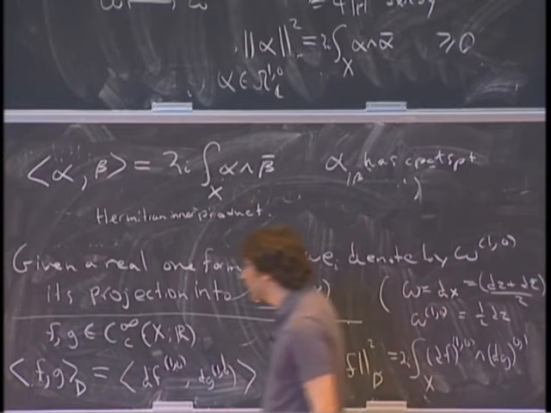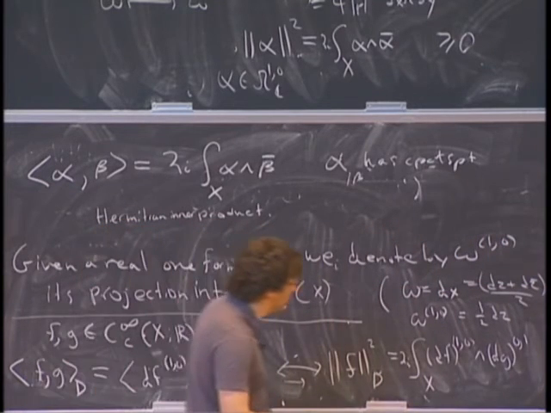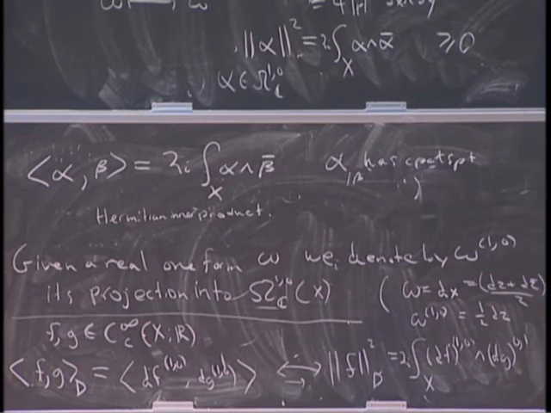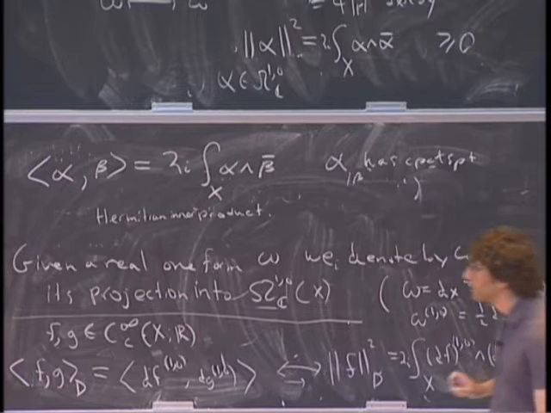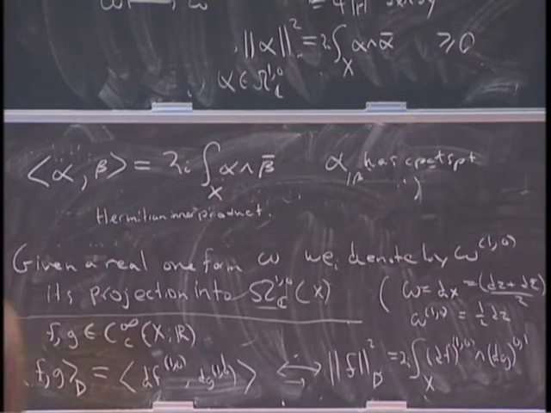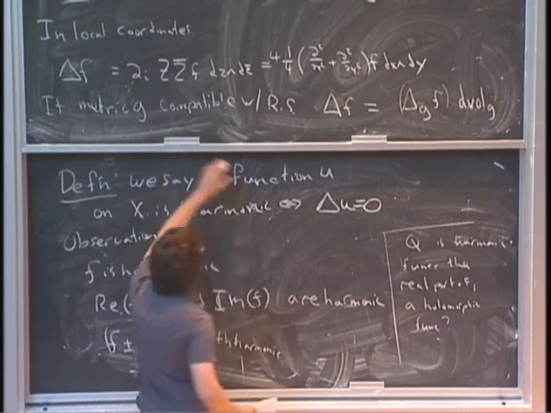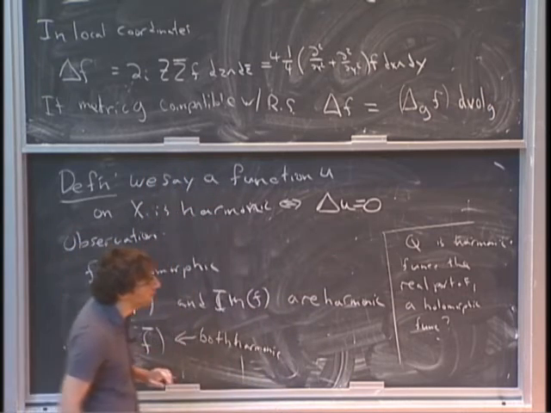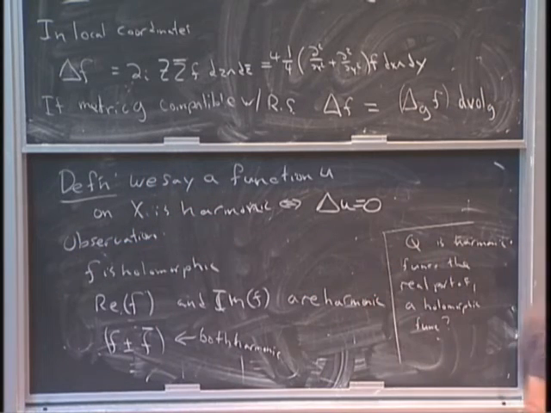If we've done everything correctly, which I'm not entirely sure of, this should essentially agree with our normal Dirichlet energy for a function, where the metric we use to define the Dirichlet energy is precisely the metric g that's compatible with the Riemann surface structure. The whole point of why we're able to do this so invariantly is that in 2 dimensions, the Dirichlet energy is conformally invariant, which is very important in its analysis.